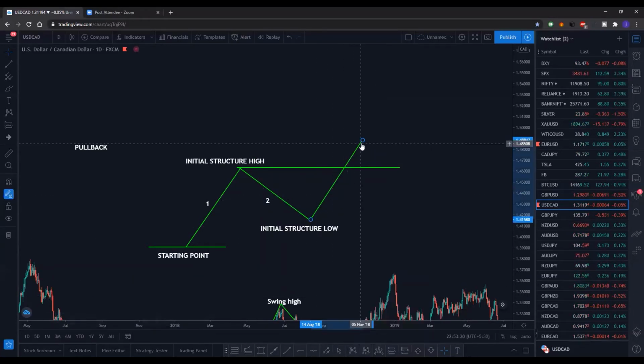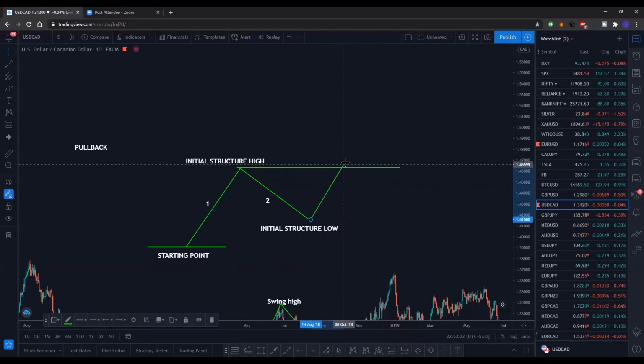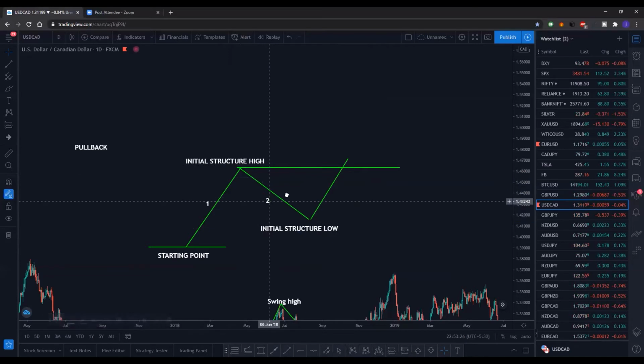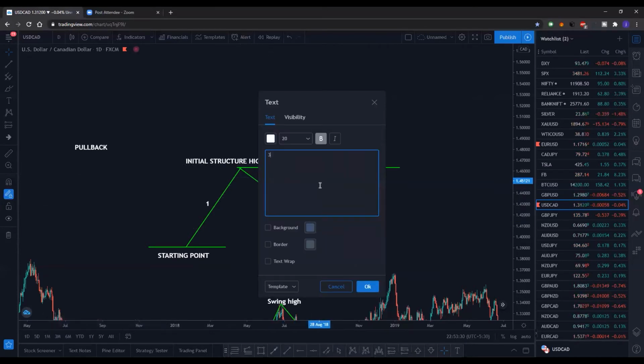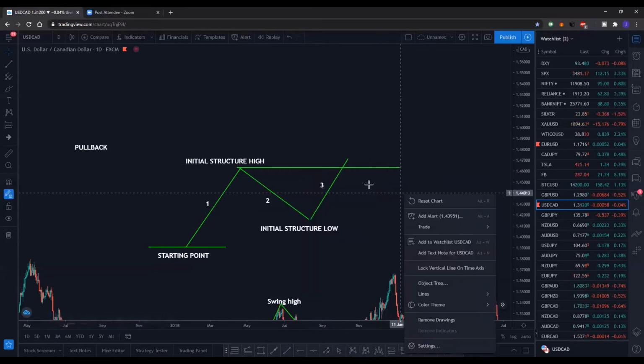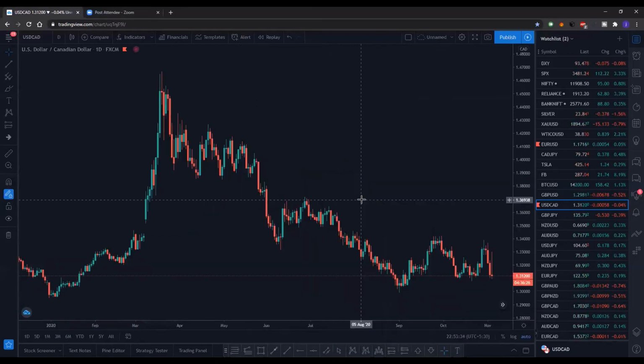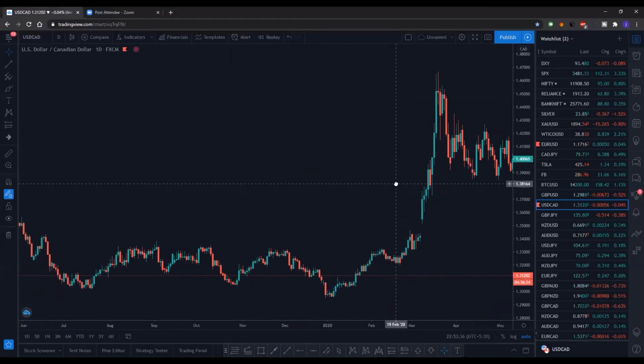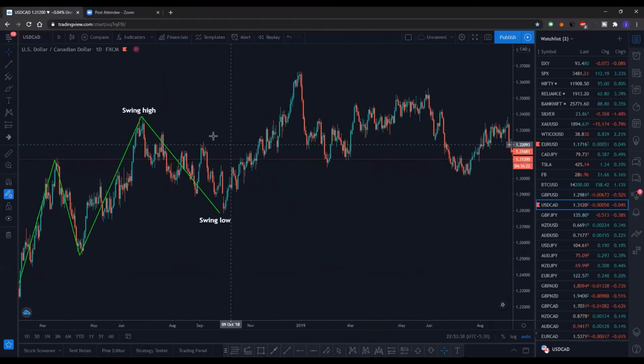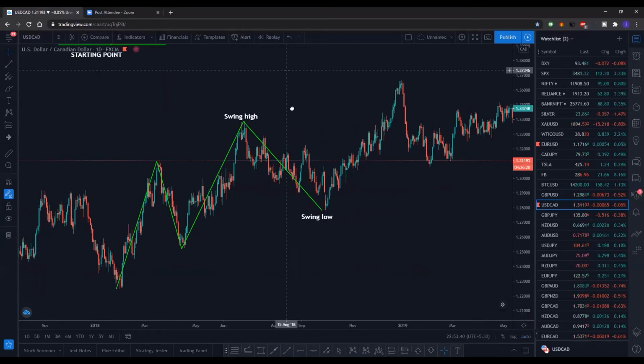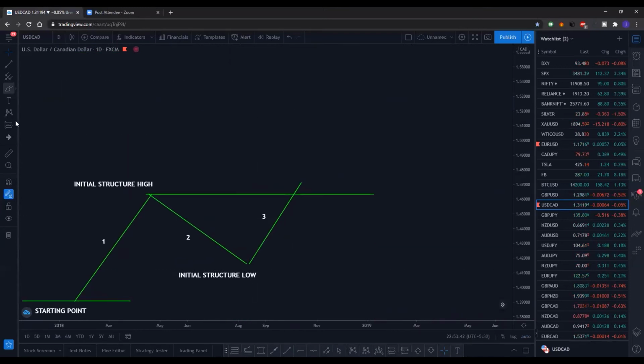And when the market breaks and closes above the previous structure, that is the time we have the 3-point move. Now, breaking and closing above the previous structure means, by mistake I clicked on the refresh button, but yeah, got it.